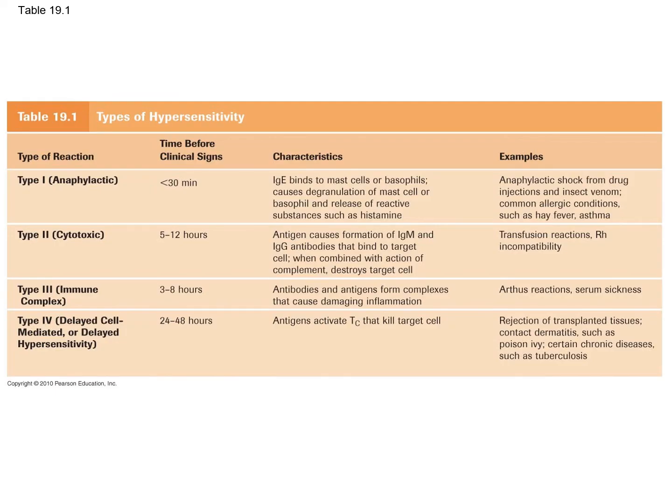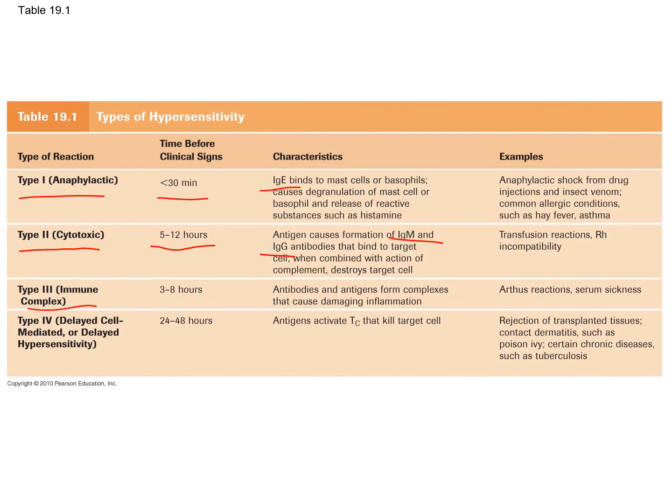This is a table which reviews and compares and contrasts the different types of hypersensitivity. Type 1, remember, is anaphylactic, and it can occur very quickly on the order of minutes, and it involves IgE. Type 2 is cytotoxic. It occurs on the order of hours, and this involves IgM or IgG.